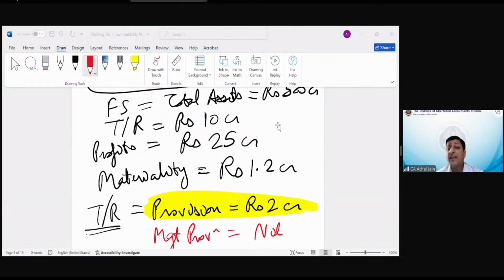Prem says it will affect the profit of the company, and this will also have an effect on the balance sheet item, that is trade receivables. Very good. In this case, let's try to analyze the numbers which are important.